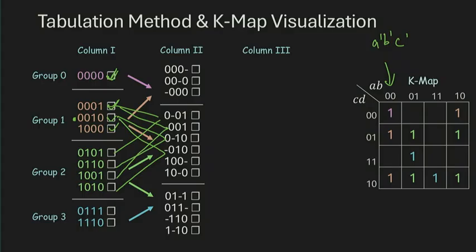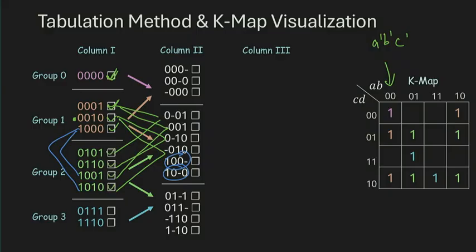And finally, 1001. I'll switch my color a little bit. 1001 is adjacent with those two elements in group 2, which gives you these two elements in the second column by getting rid of the diverging variable. And as you can see, in this combination, we actually used all the minterms in group 2.